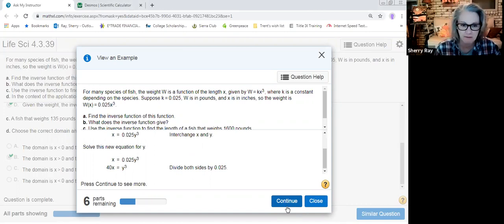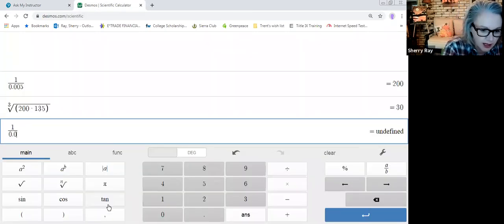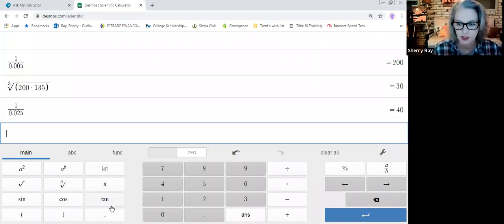So where the 40 came from is by dividing each side by 0.025. They're saying they're dividing each side by 0.025. So if you take 1 divided by 0.025, then there's your 40 that they get. And anyway, I hope that helps.